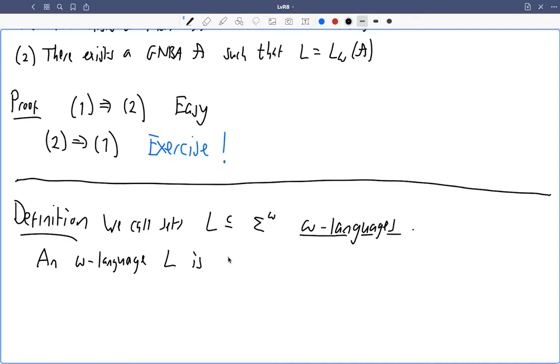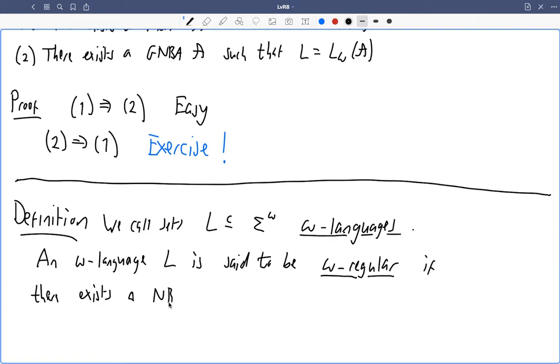An omega language L is said to be omega regular if there exists a non-deterministic Büchi automaton such that L is the omega language of the non-deterministic Büchi automaton.